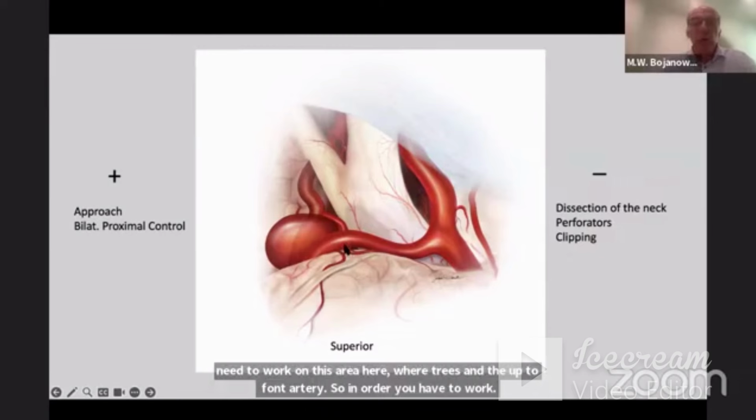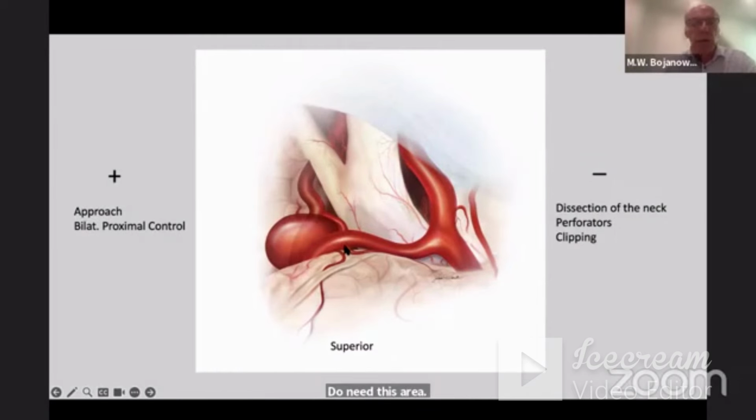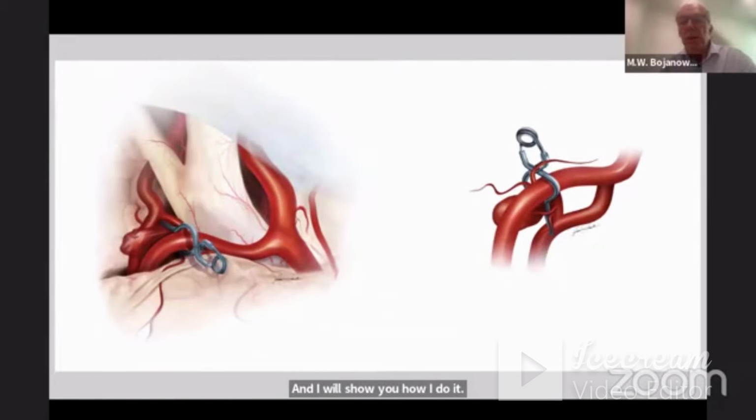And I will show you how I do it with another case, but this is the way you do this. This is behind you. You have to identify the perforators and put your clip accordingly. Always for me, almost always, with the temporary clip in place on both A1 segments.